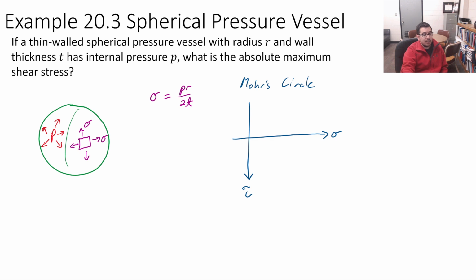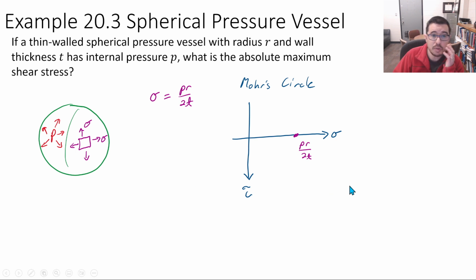For just looking at the in-plane representation, Mohr's circle becomes a dot at pr over 2t, because we're saying there's no shear stress, and that if you have a sigma x and a sigma y, these are always going to be the same, if I rotate the element about the normal coming out of the sphere.